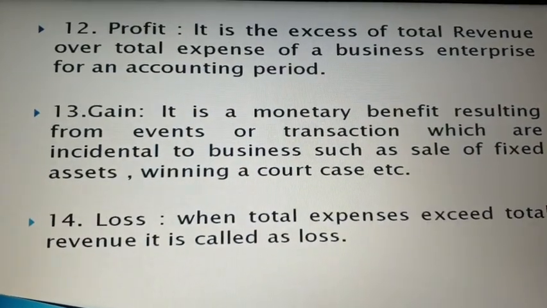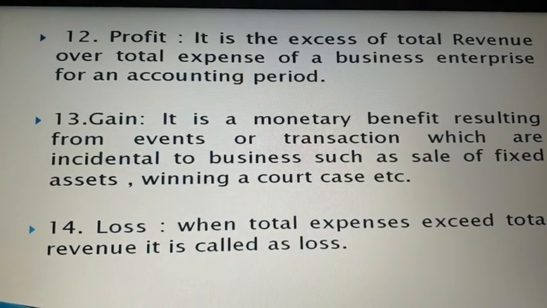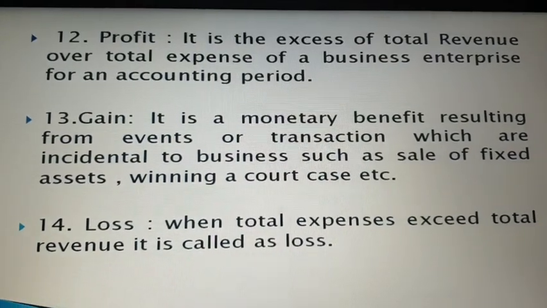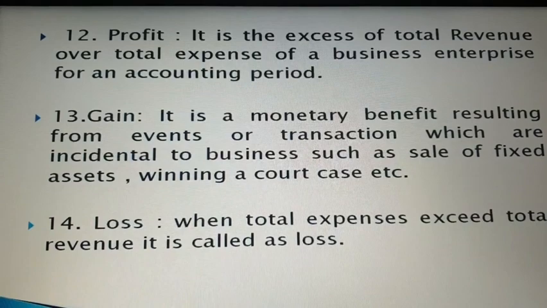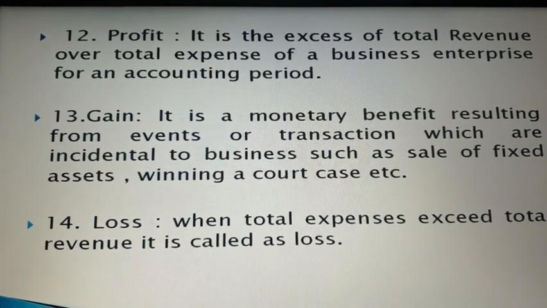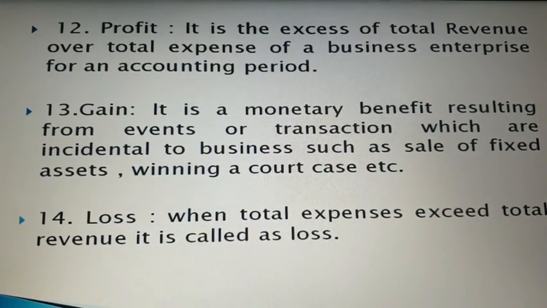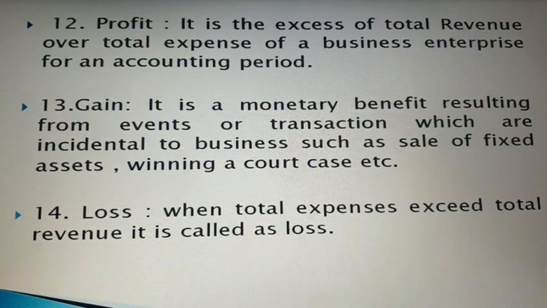Move to the next slide. Now next is profit. Profit is what? Excess of total revenue over total expenses of a business enterprise for an accounting period. Accounting period, I already told you in the starting of the introduction of accounting that we generally do the accounting of a business for 12 months, that is from 1st April to 31st March.